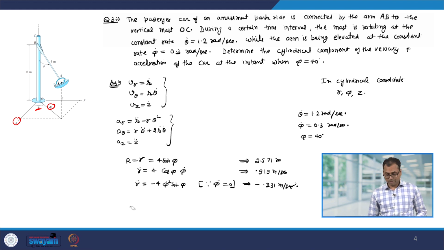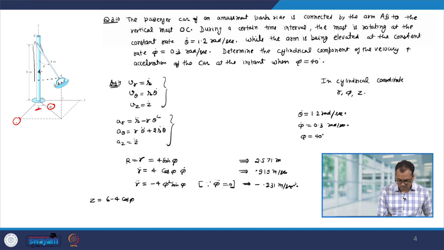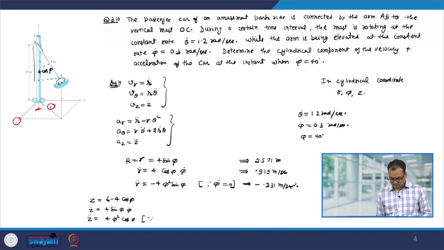Now z also you can find from the figure, and you can see that z is equal to 6 minus 4 cos phi, because this distance will be 4 cos phi. Therefore, z becomes 6 minus 4 cos phi, and z dot will be 4 sin phi phi dot, and z double dot will be 4 phi dot square cos phi, because phi double dot is equal to 0.